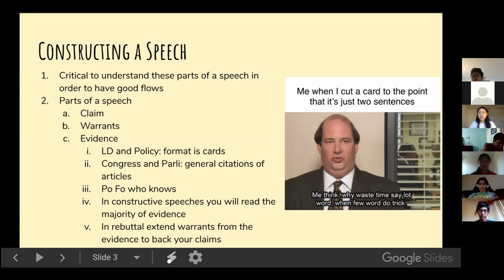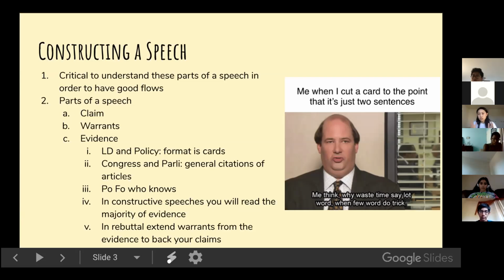In constructive speeches, this is for LD and policy as well as Parley, the majority of your warrants, evidence, and claims are going to be made in your constructive speeches, and then in the rebuttals, you are extending that. When you extend, you need to extend your claim and your warrant. You need to tell the judge why when you are doing your speech.